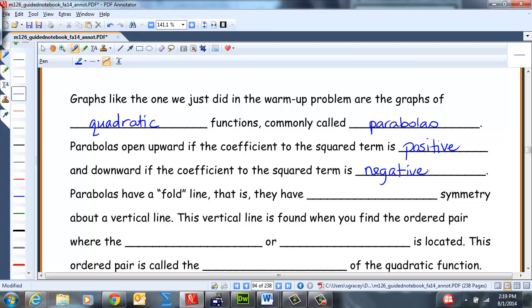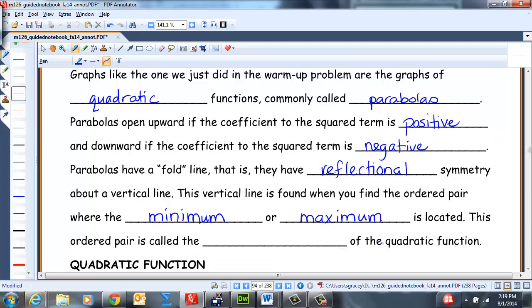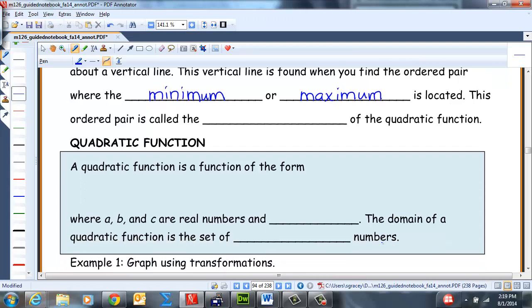That is, they have reflectional symmetry. So on the warm-up graph, it was at the line x is 0. And it's reflectional symmetry about a vertical line. This vertical line is found when you find the ordered pair where the minimum or maximum is located. This ordered pair, anybody remember what it's called? Good, it's called the vertex of the quadratic function.